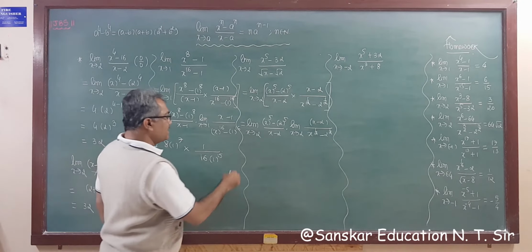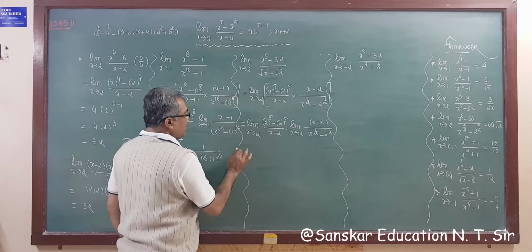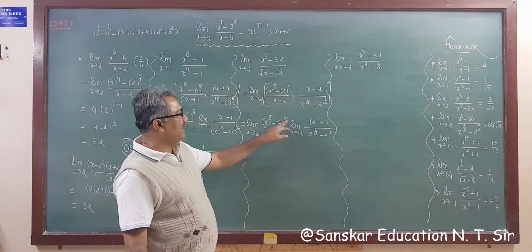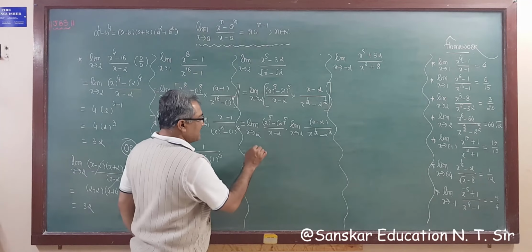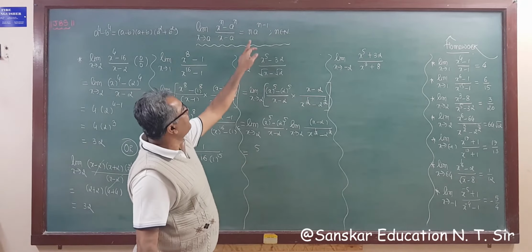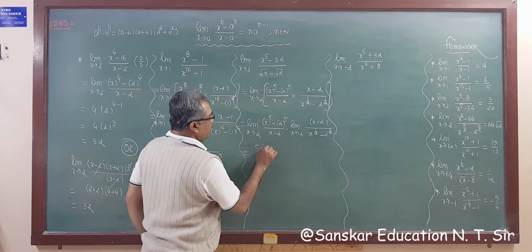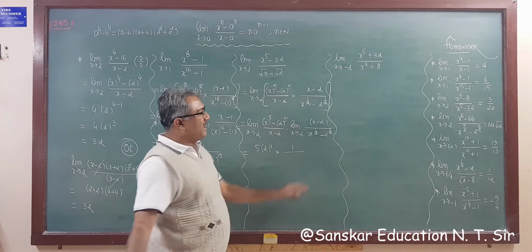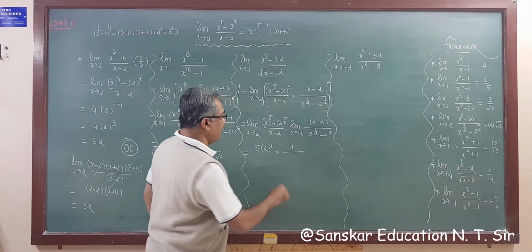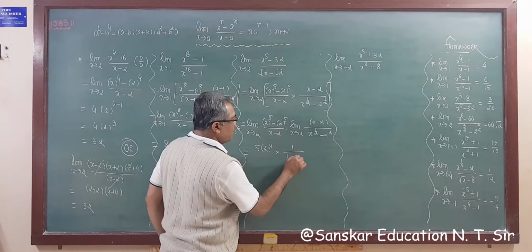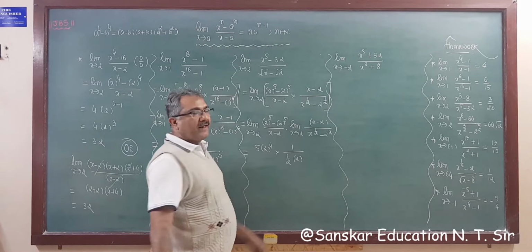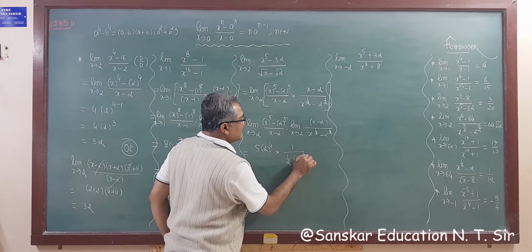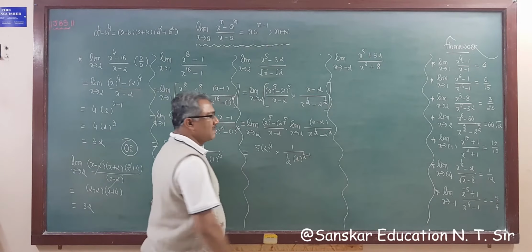The answer of this is n, which is 5, so n into a, 2 raised to 4, into 1 upon, and for this n is half, so 2 raised to half minus 1, so 1 upon 2 minus 1.